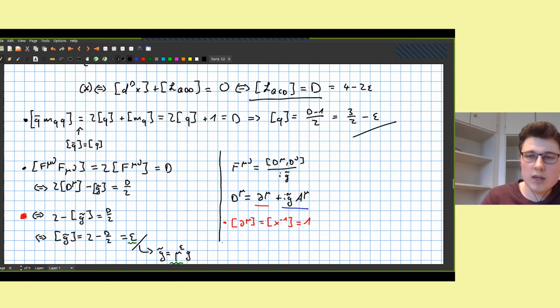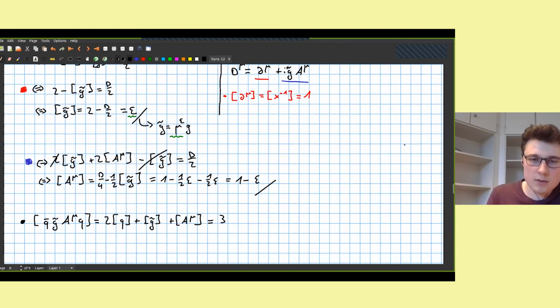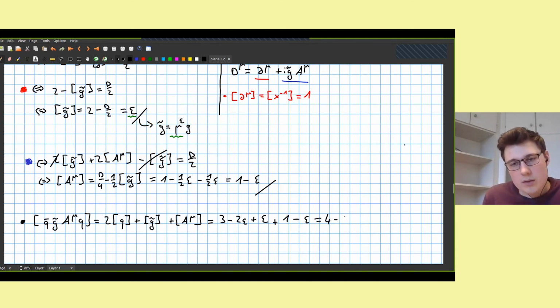And also 2 times minus epsilon, this gives us a minus 2 epsilon. Mass dimension of G twiddle is a plus epsilon. Mass dimension of A mu, just one line above, is 1 minus epsilon. This is 4 minus 2 epsilon, and this is D as it should be.